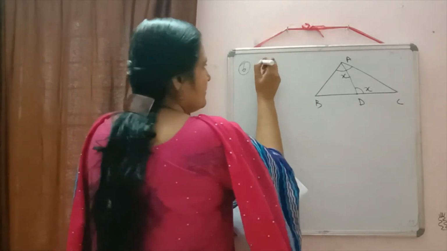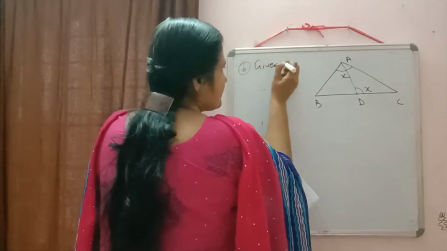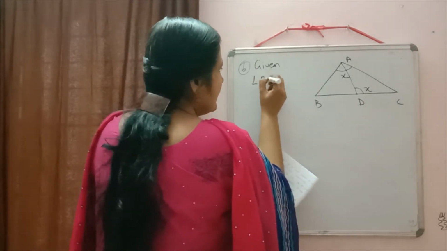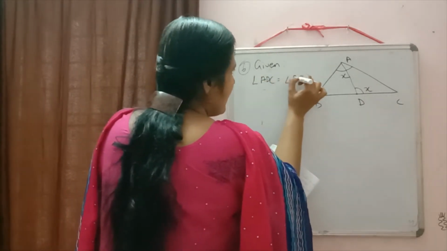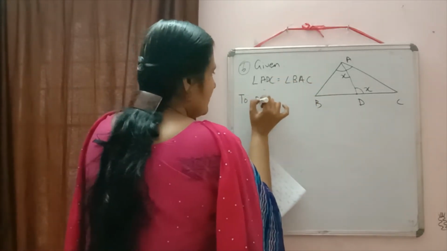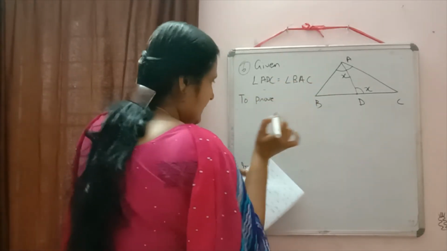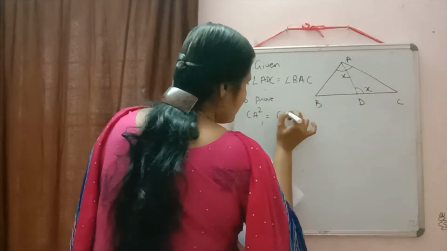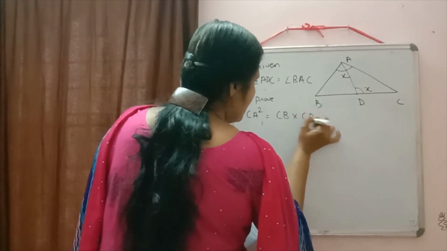So just write down there, given. What is given? Angle ADC is equal to angle BAC, and to prove, we have to prove CA square is equal to CB into CD.